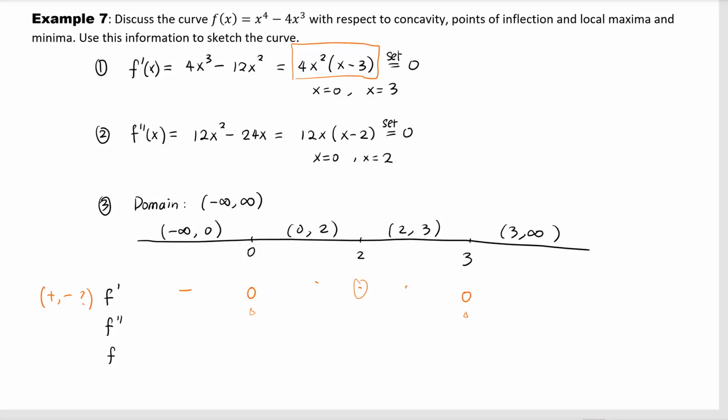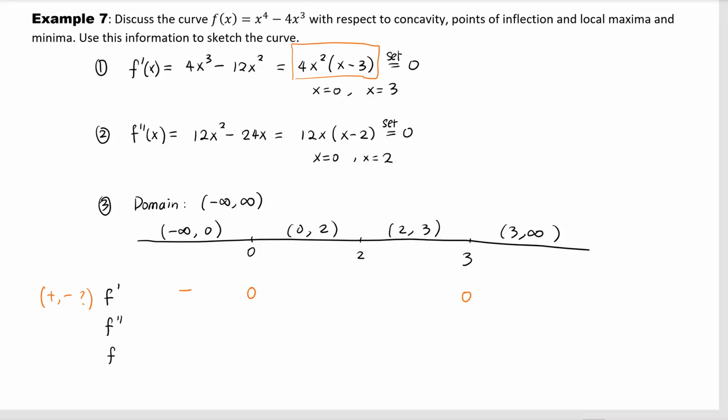When you pass through a critical point, f prime changes sign, but this whole region is considered one piece, so they have the same sign. When we plug in 2, 4x squared is always positive. 2 minus 3 is what?